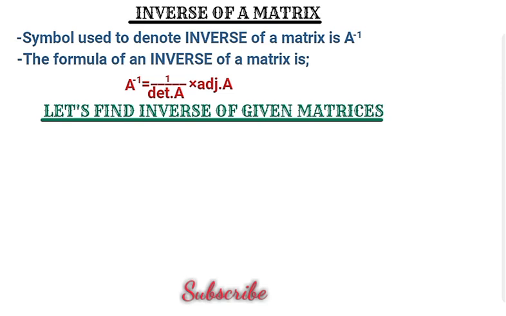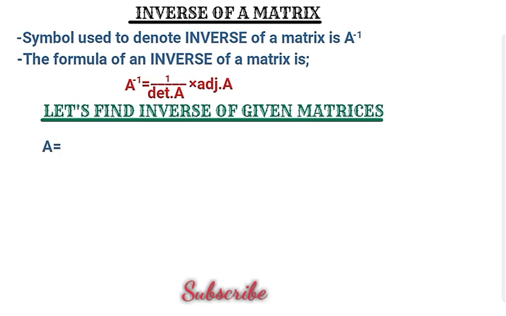They will take you to videos where we talked about finding a determinant, as well as forming the adjoint of a matrix. So with that being said, now let's get into finding the inverse of given matrices.